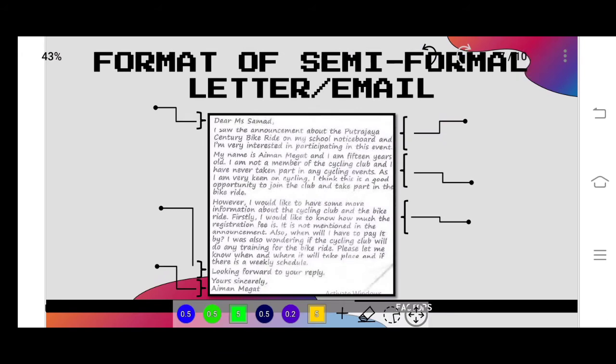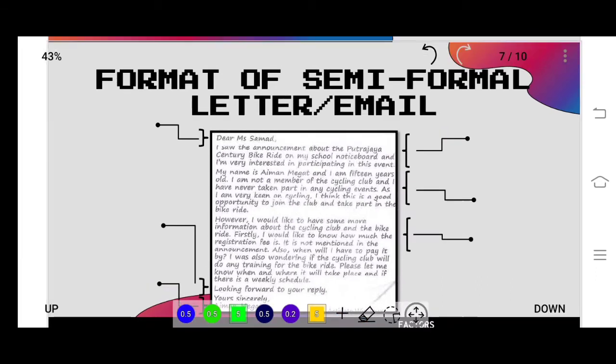So let's remember what the format is again. Number 1, what is the format? Number 1 is the title. Okay, good. Number 2 is the reason why you write this letter.